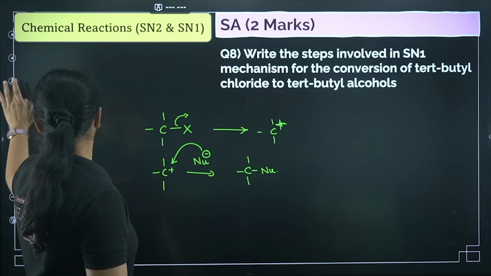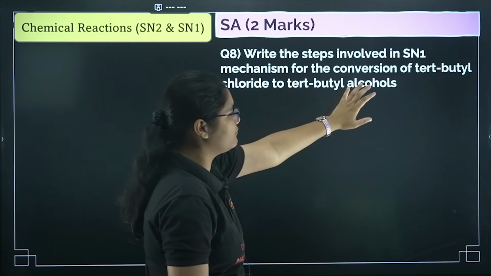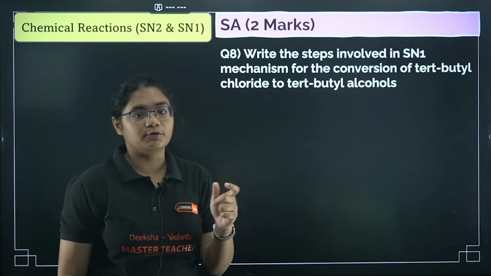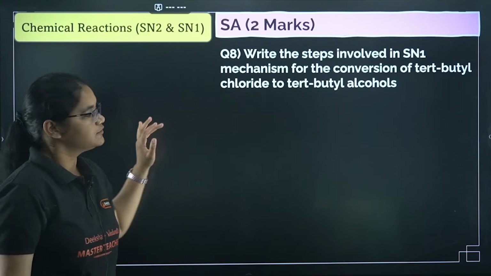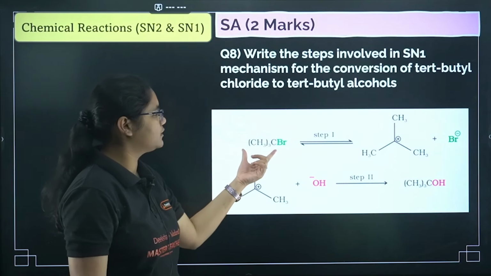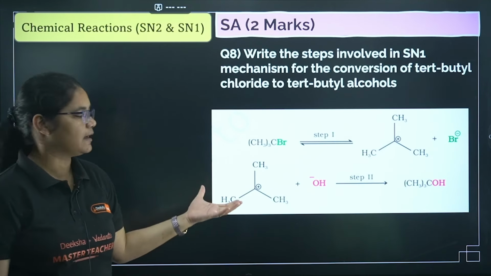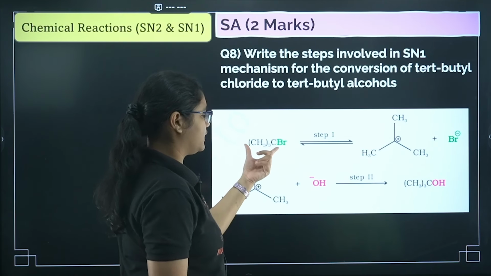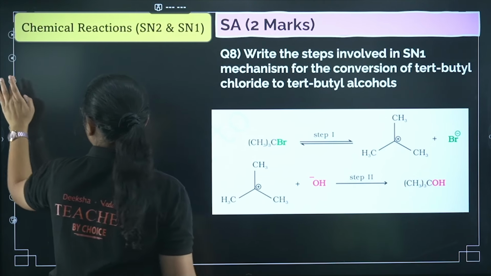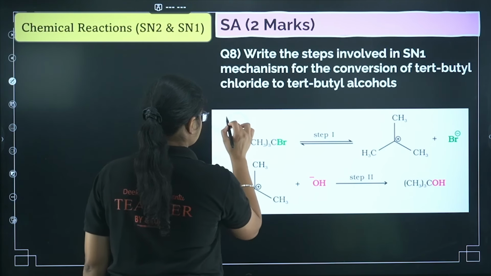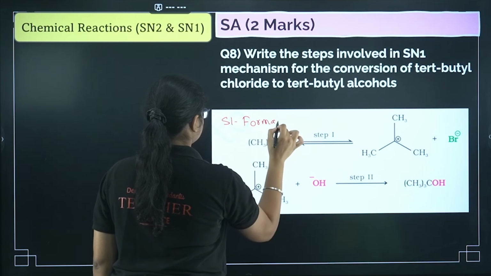Now I'll give you one example here. You have to take this particular example of tert-butyl chloride to tert-butyl alcohol, no other example, because the question asks for that. This is tert-butyl. I have taken bromide here, the one given in the book example, but you should take chlorine. You also have to mention the steps. Step 1 is formation of carbocation.